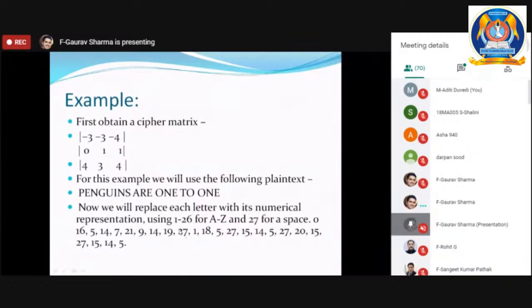So after 3 letters there is 27, and after 3 letters again there is 27. So 27 represents the space between two words, right? So now these are the numbers. Do not worry about whether I have taken them correctly or not. I have taken them quickly, so there can be a mistake in these numbers.